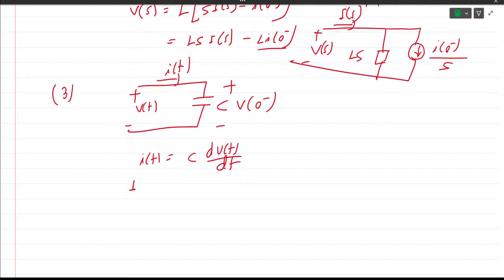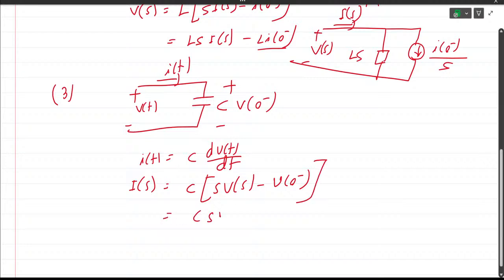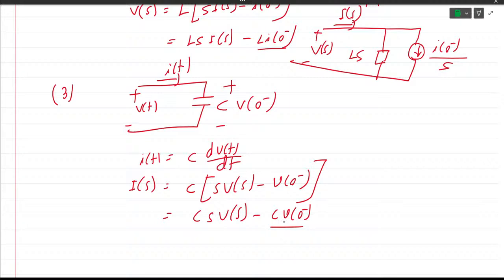Taking the Laplace transform of both sides, I(s) is equal to C s V(s) minus C V0 minus.